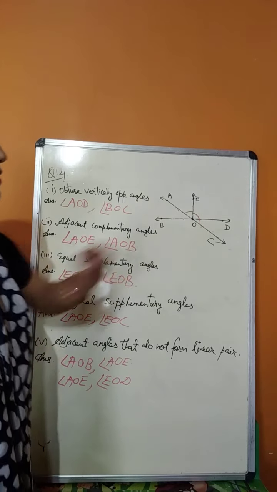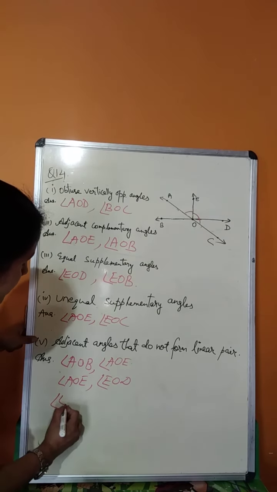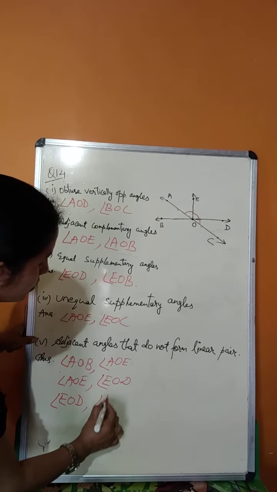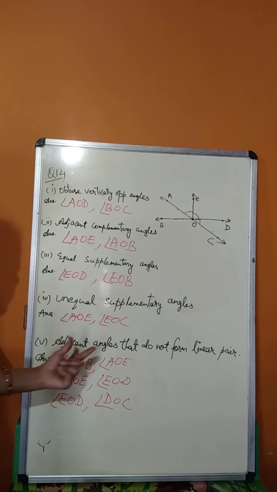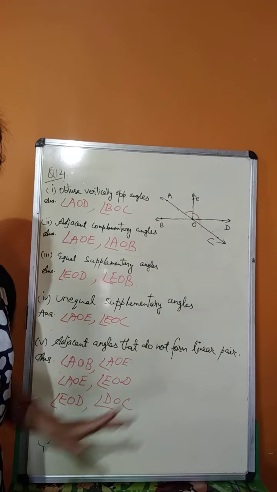These two are also adjacent but do not form a linear pair. So we write angle EOD and angle DOC. So we have these three pairs of angles that are adjacent but do not form a linear pair.